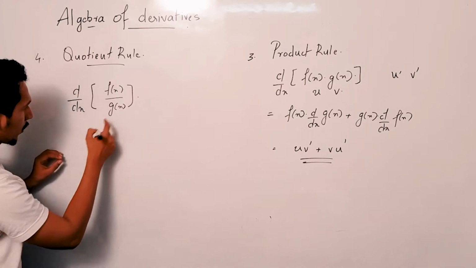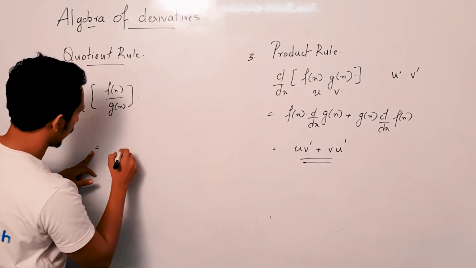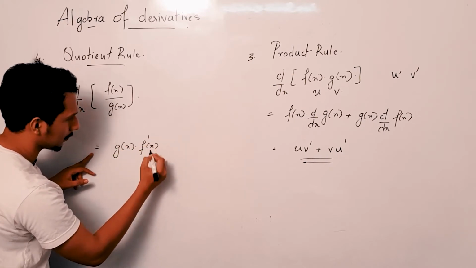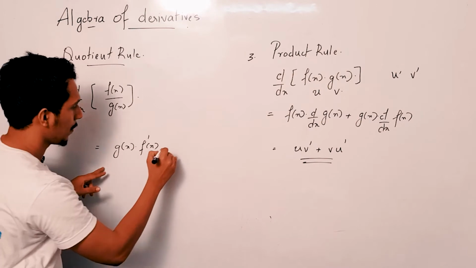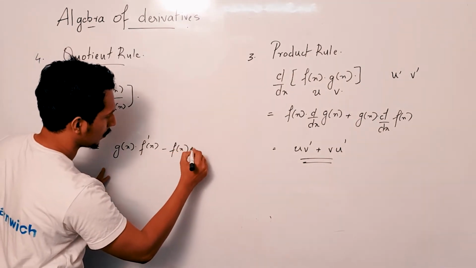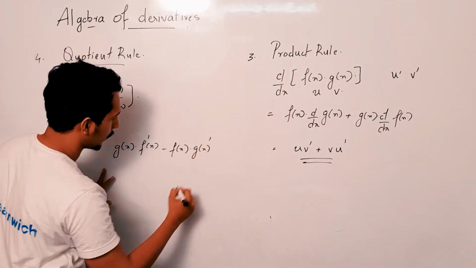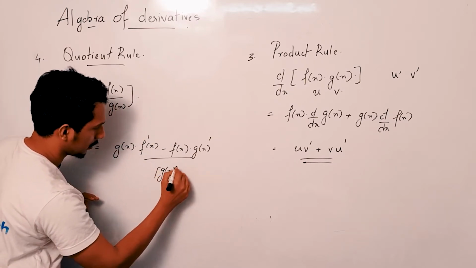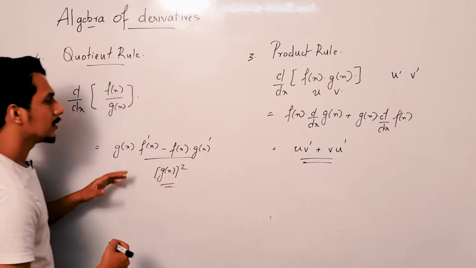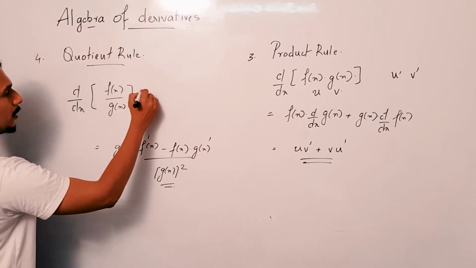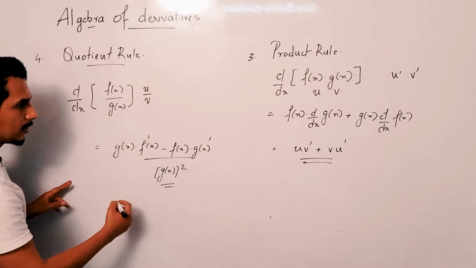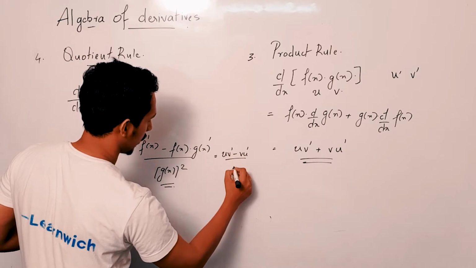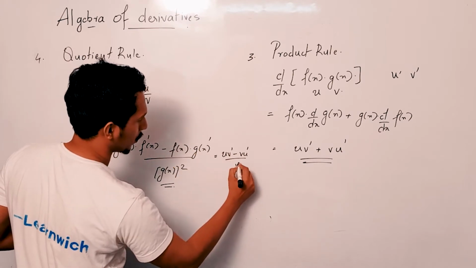This will be equal to denominator into d by dx of numerator, this dash stands for derivative, minus numerator into d by dx of denominator, the whole divided by denominator square. Just like before, if you would like to name this as u and v, then this would look like u v dash minus v u dash divided by v square.